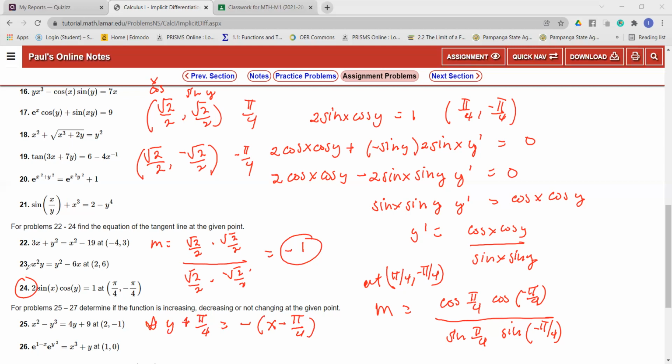Yun ang mga kailangan yung baon in understanding the implicit differentiation. Now, you can practice, may practice problems dito, and there are also a lot of problems na pwede yung tingnan sa internet. This is the practice problems dito, may mga answer key, so you can check your answers if tama or saan kayo nagkakamali.